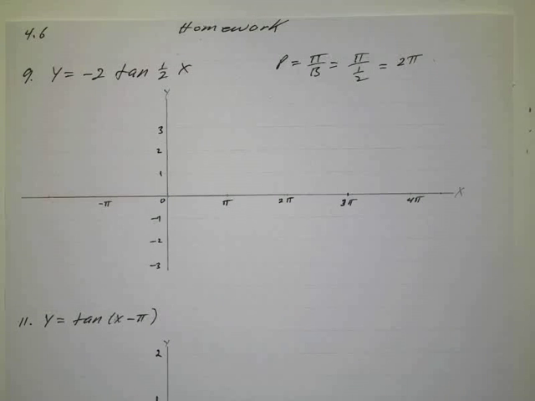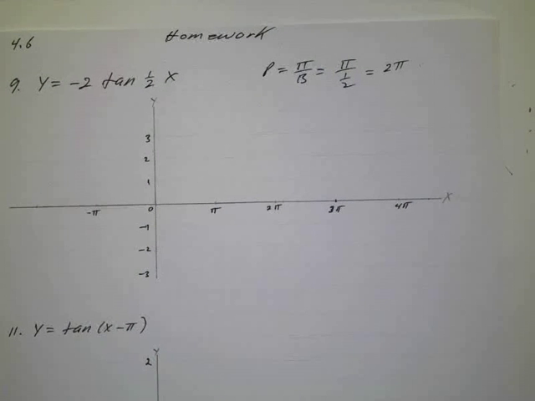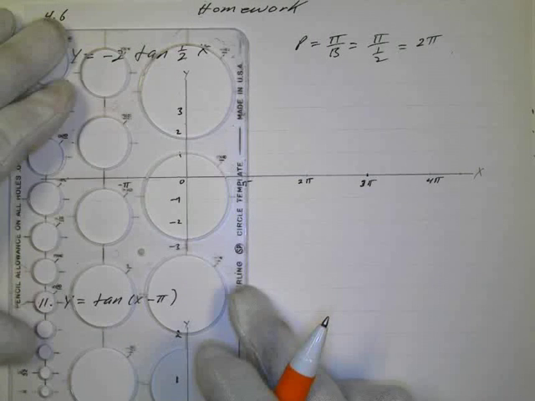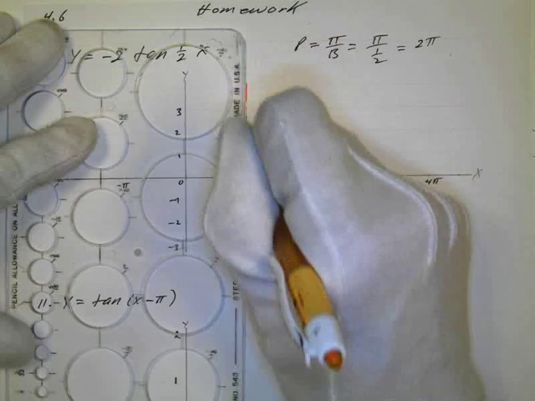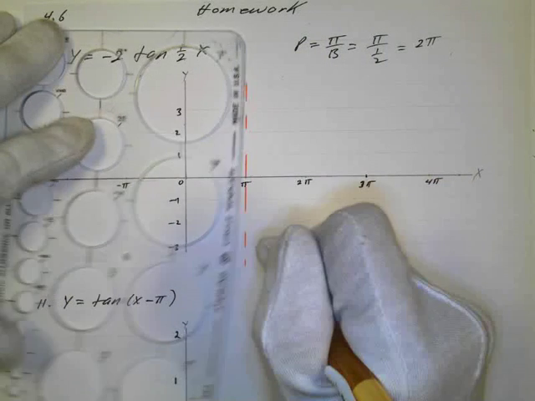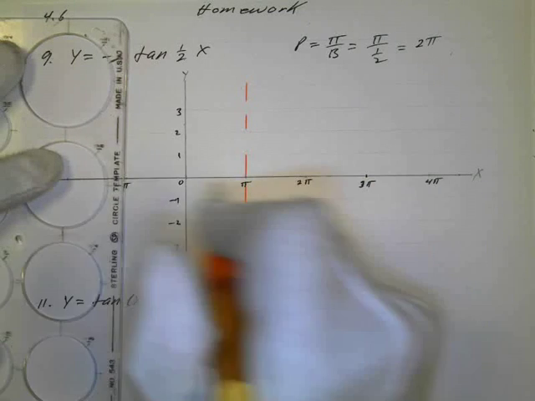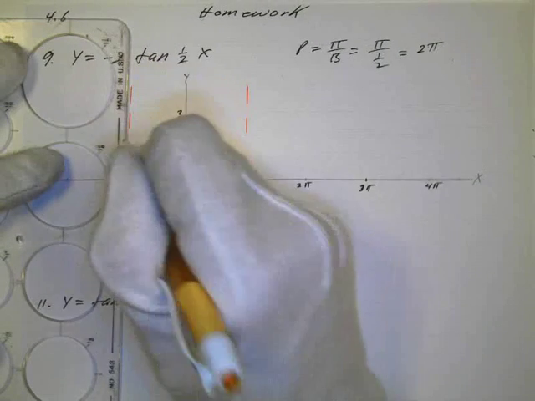So I'll go 1 pi on each side of my 0. My 0 is over here, so I'll go 1 pi on each side. So we'll draw a couple asymptotes here to get started. Another one over here, like this. Oops.